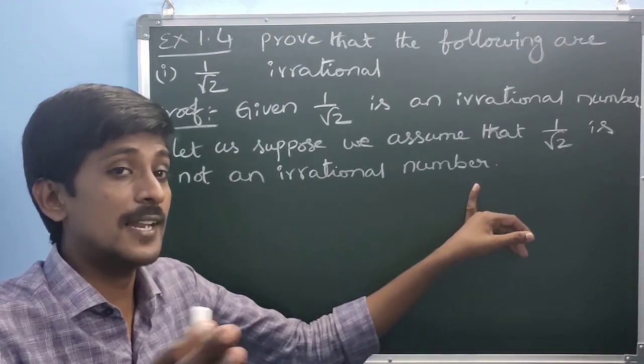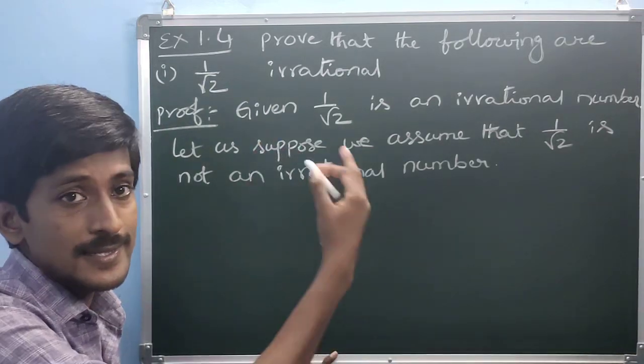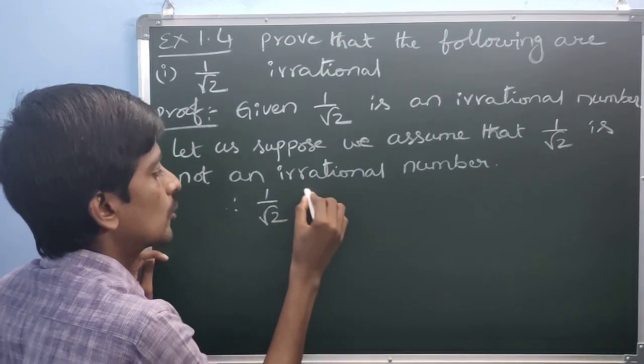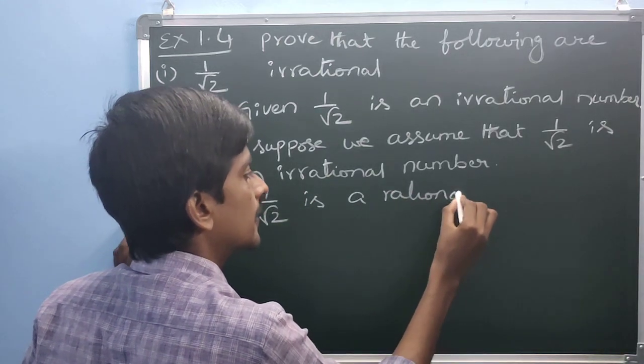If a number is not an irrational number, it must be a rational number. Therefore, 1 by root 2 is a rational number.